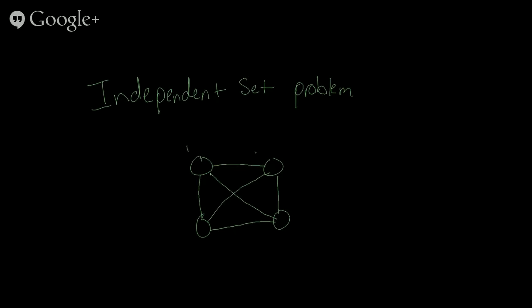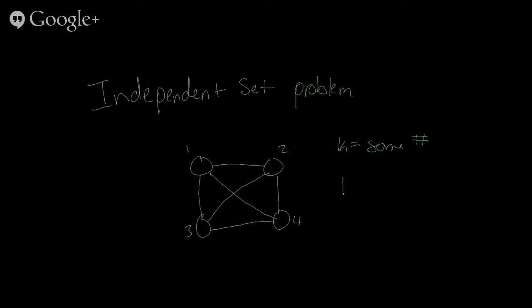So if we have 1, 2, 3, 4, you want to find out, is there a set of vertices that equals some number k? Let's say k equals some number for right now. So there's some number of vertices where if you choose those vertices, they will not be connected to any other vertices that you have also chosen.